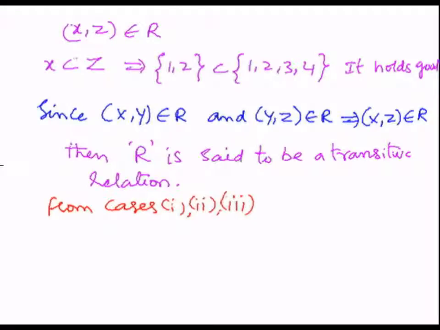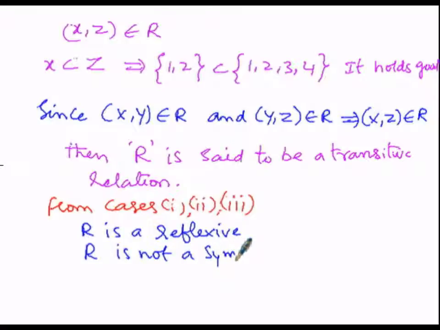in the first case R is reflexive, whereas in the second case R is not symmetric, whereas in the third case R is transitive.